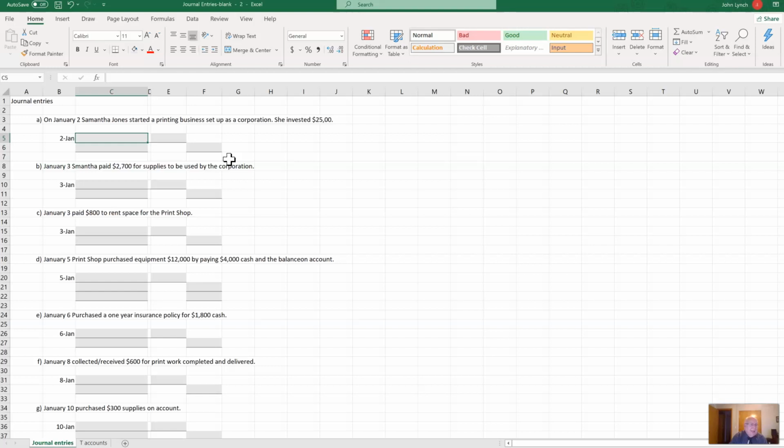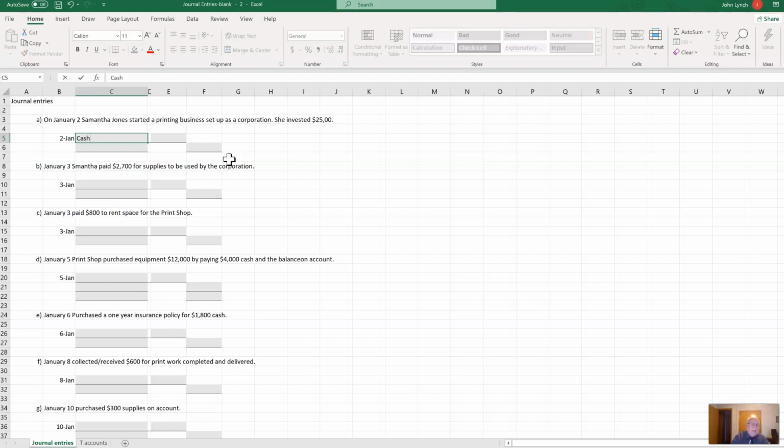So on January 2nd, Samantha Jones started a printing business set up as a corporation. She invested $25,000 cash. Okay, so remember what I said, the first thing you do is decide what accounts are affected. Well, she invested $25,000, so that means she gave cash to the company, and by giving cash to the company, that means we increase it, and remember on an asset, you debit an asset.